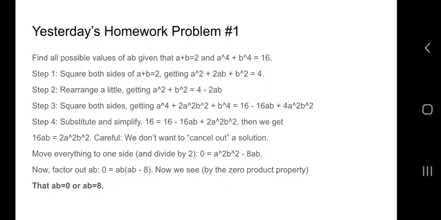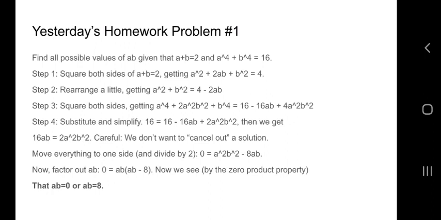Now let's talk about why you have to rearrange a little bit, why you have to subtract 2ab from both sides before squaring again. The reason is that if you square it as it is, you're going to get a lot of weird terms with various powers of a and b in it because of that 2ab.